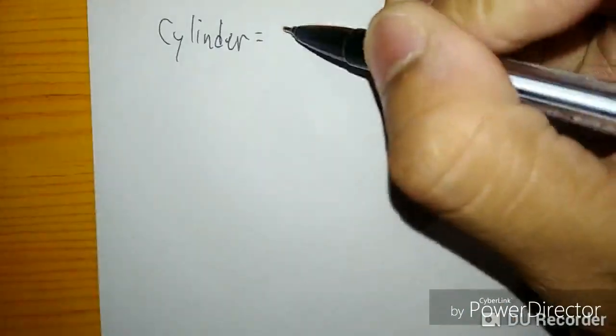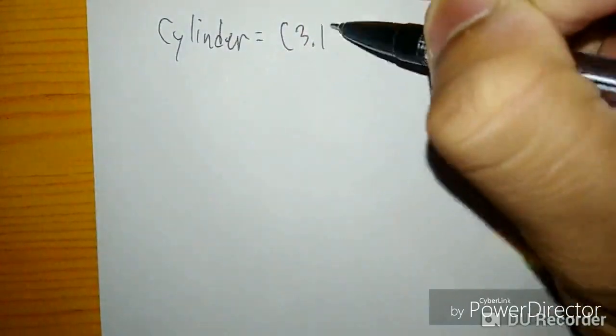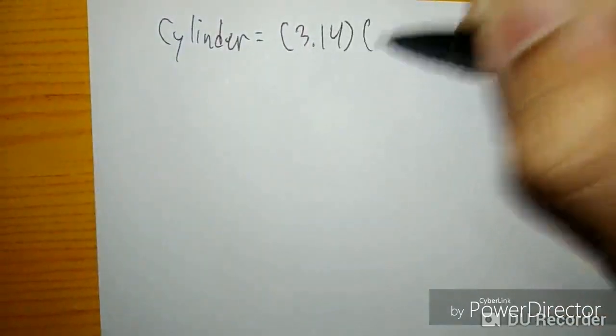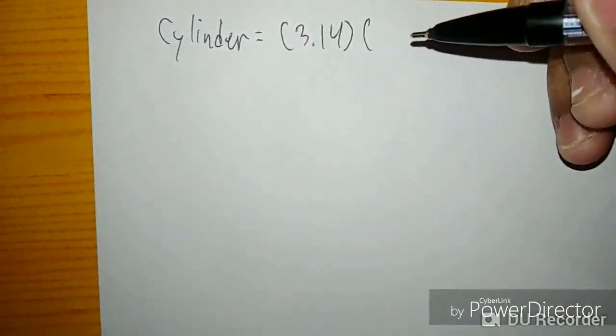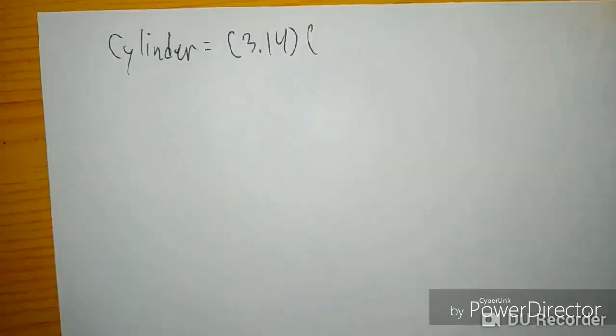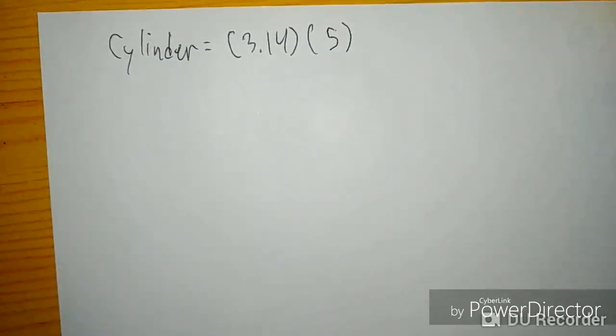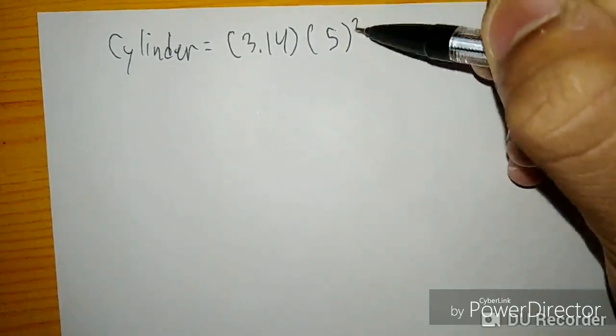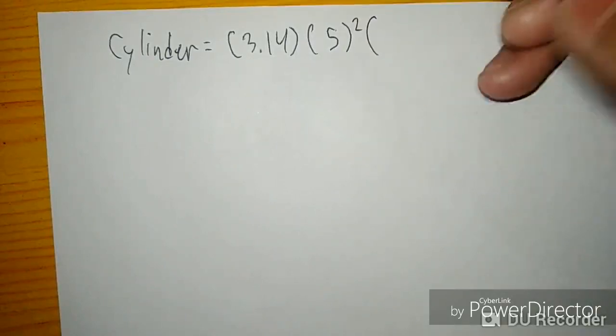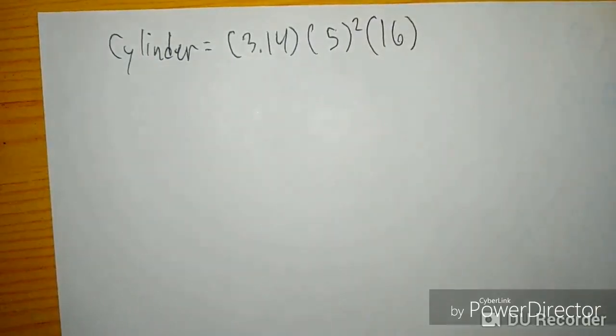So pi, which is 3.14, multiplied to r squared, and the radius, I'm sorry I forgot to tell you, but the radius is 5 centimeters. So let's go back again to the formula. So radius is 5 squared multiplied to the height, which is 16 centimeters.